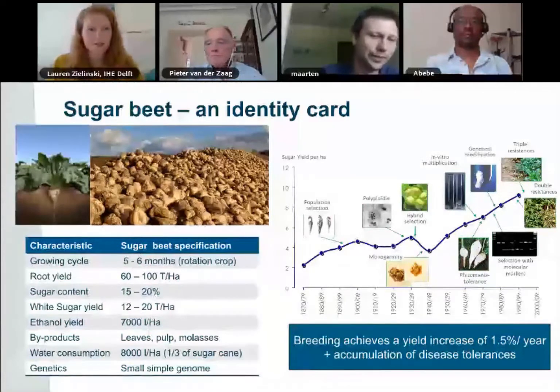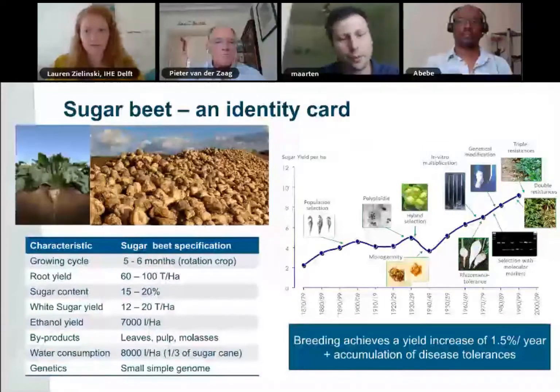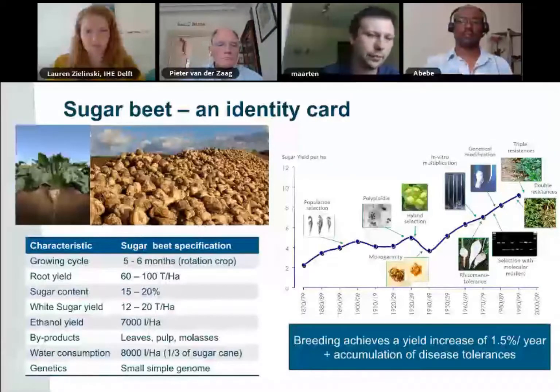So sugar beet, it's not a perennial crop in contrast to sugarcane. So it's sown and then 5-6 months later the roots are harvested, piled up, as you can see there on the picture, and transported to the factory and processed for sugar extraction.